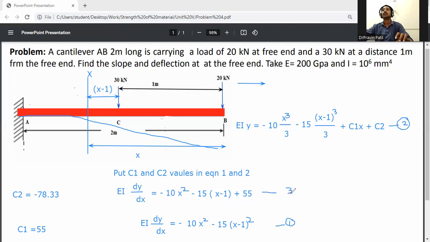Equation number 3. Okay, so now put the C1 and C2 values in equation number 2.